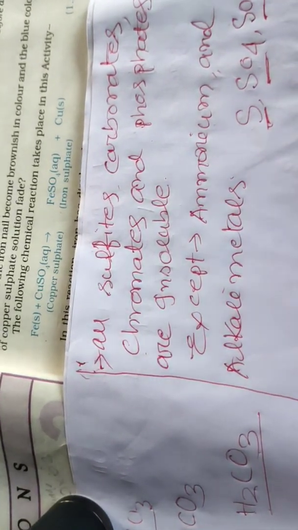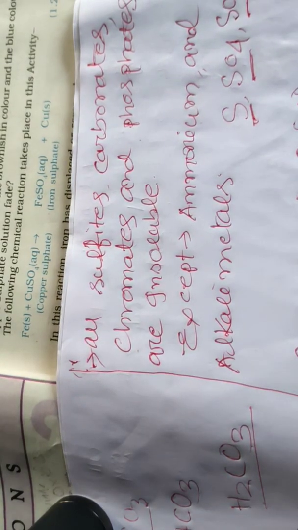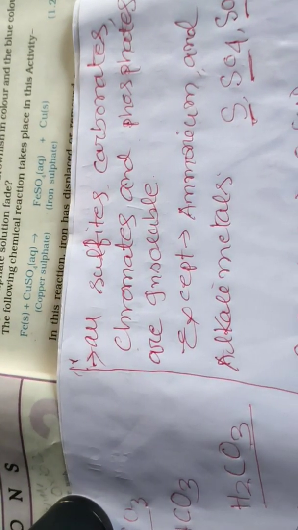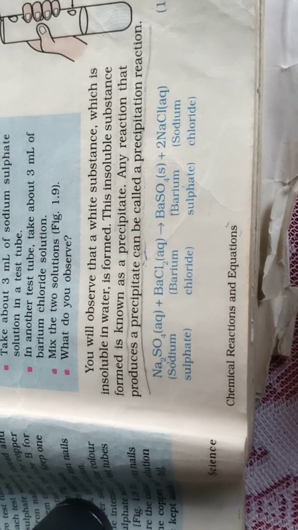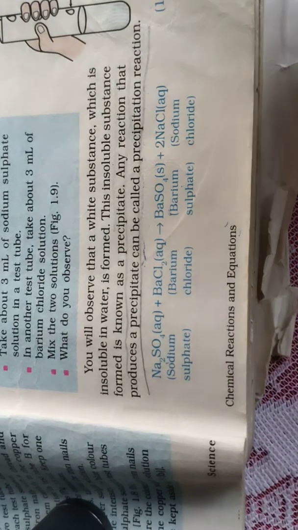So this is all about precipitation, that is, the compounds which will precipitate from the products will be identified by these rules. So I hope you will understand and memorize these rules, because it is very important to know which product will be precipitated from its solutions. So this is called double displacement reactions.